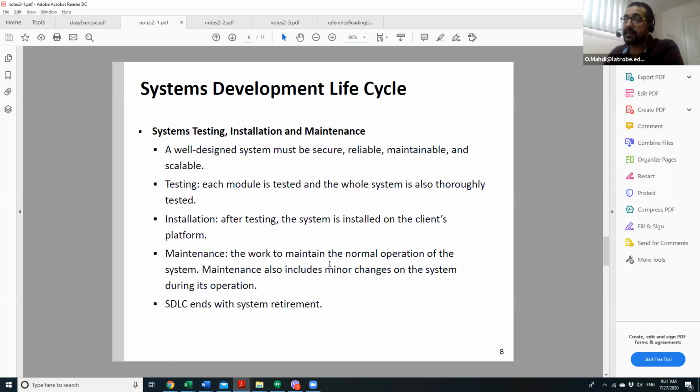Testing means each module is tested individually, based on the input, the processes inside each module, and the output as well. Then we need to combine all modules together to have one single information system. Once we're done with that, it's time for installation. That means after testing, the system is installed on the client's platform.